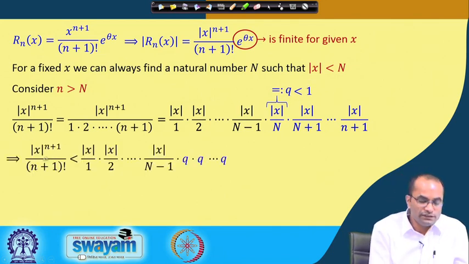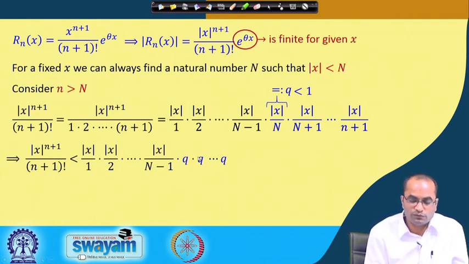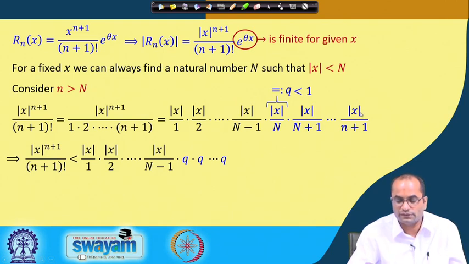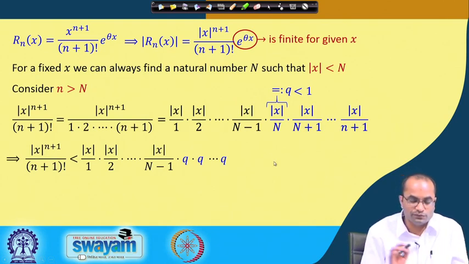So, what we see now, we can replace this equality by the inequality, less than or equal to, because here we have replaced by q, and this one is also replaced by q, though it is less than q. All these terms are less than q. So, now how many q's do we have here?